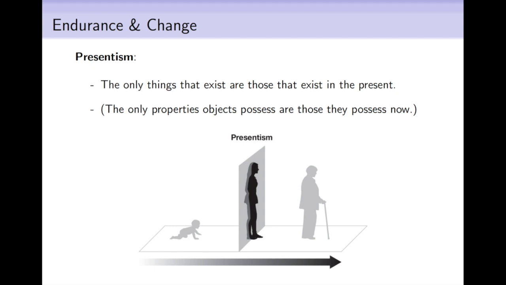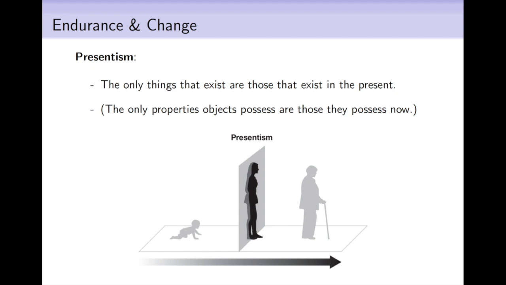So there's no temporal extent because there is only the present moment. There is no real fourth dimension, because all that exists is an instant of time, and not an extended period of time. So it looks like for the presentist, the only properties that objects possess are those that they possess now, right?